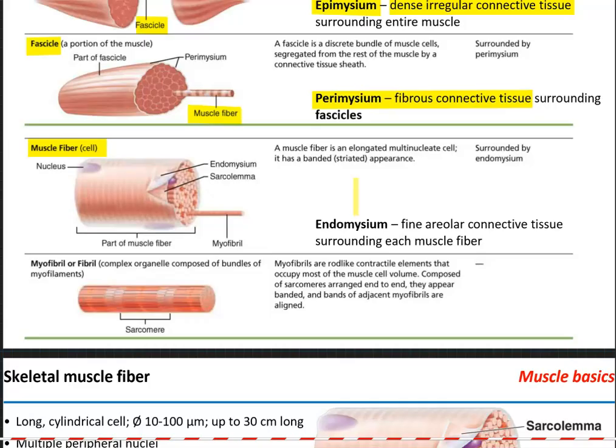When we use the expression muscle fiber, it's the same as the skeletal muscle cell. Each cell is wrapped very gently into connective tissue called endomysium. It's a fine, loose areolar connective tissue.